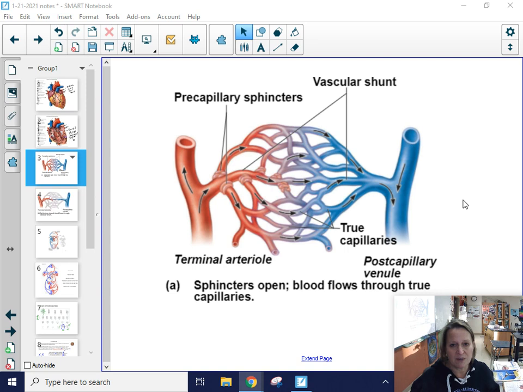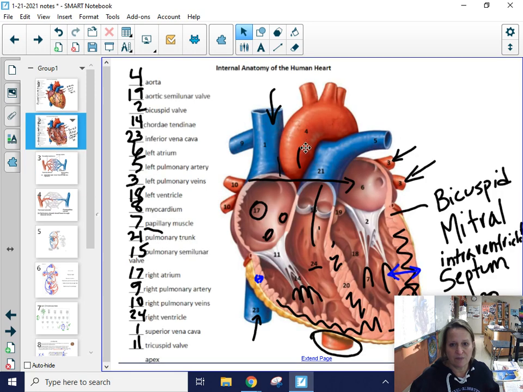So one thing I want you to be aware of is that we start out with blood leaving from the aorta and traveling up towards all the tissues of our upper body through the ascending aorta and then down past the lower part of our body through the descending aorta.